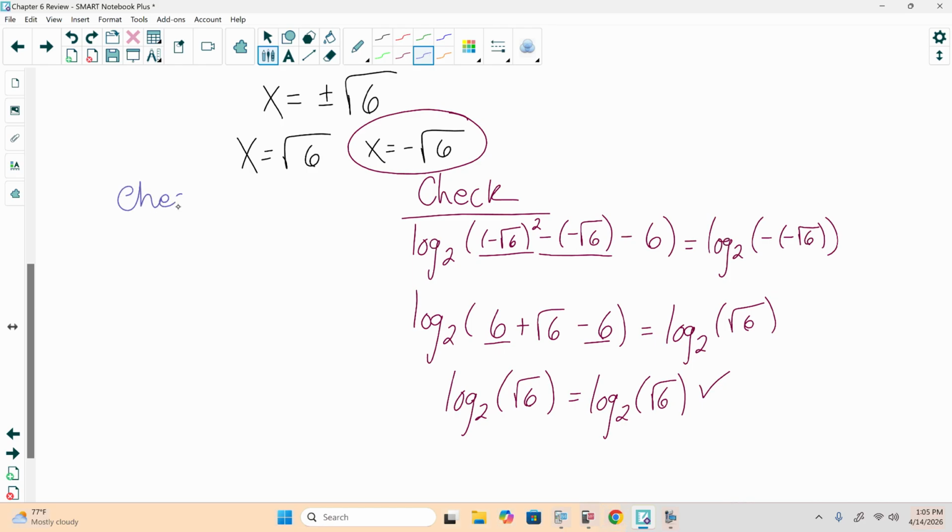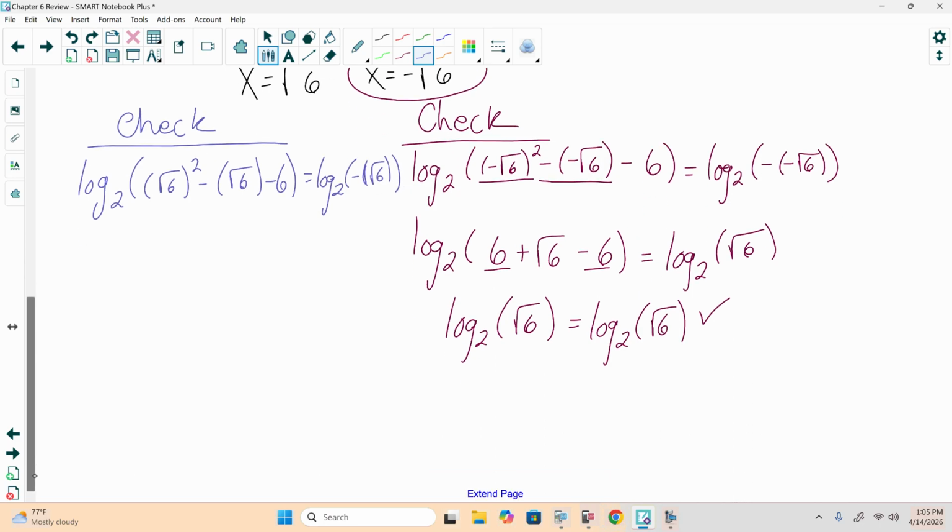While we're at it, might as well check the other case. Log base 2 of the square root of 6 squared minus the square root of 6 minus 6 is equal to log base 2 of negative square root of 6. On the left-hand side, our square root of 6 squared would be 6.